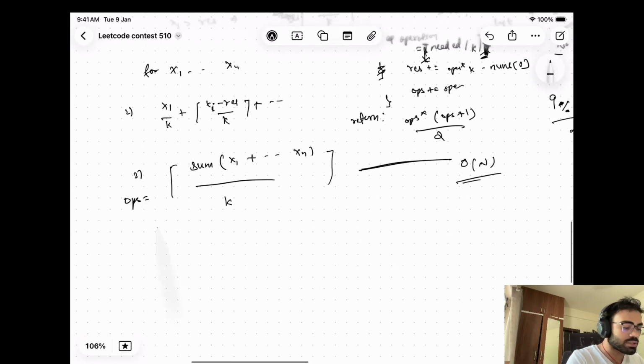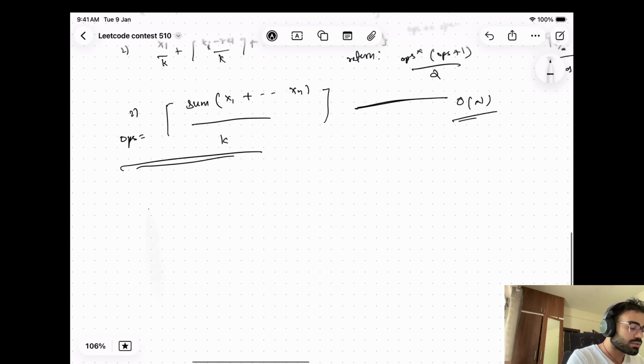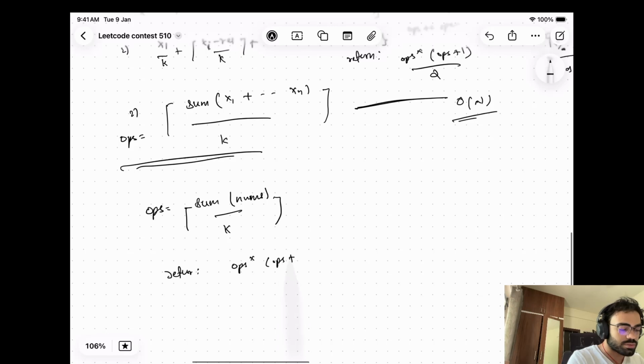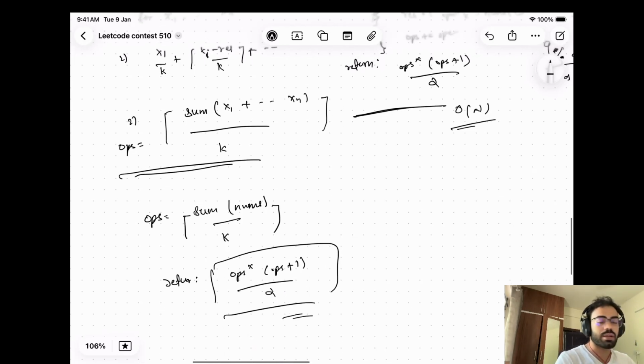This is the number of operations effectively. So operations is sum of nums divided by k, take ceil, and the answer equals ops into ops plus 1 by 2. This is the answer. Take proper modulo.